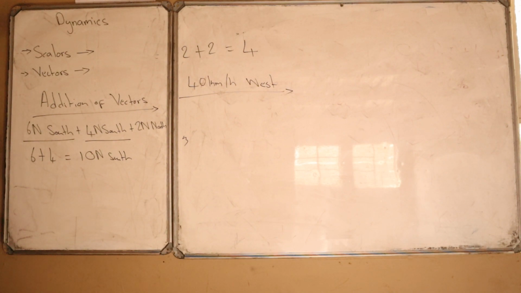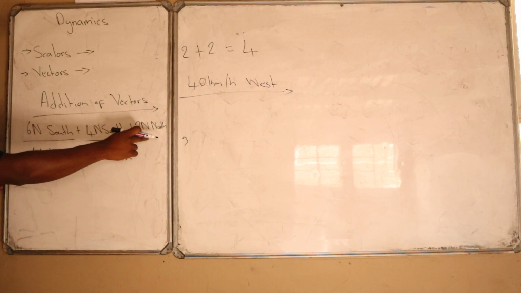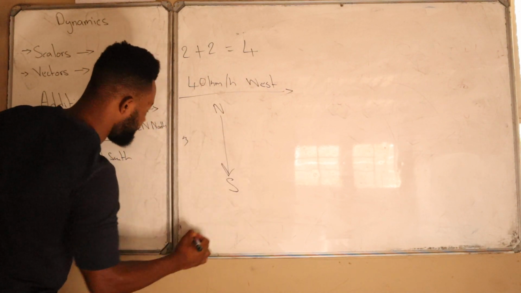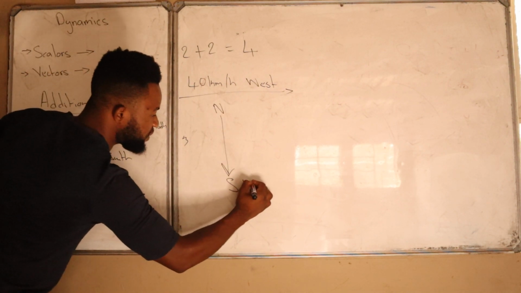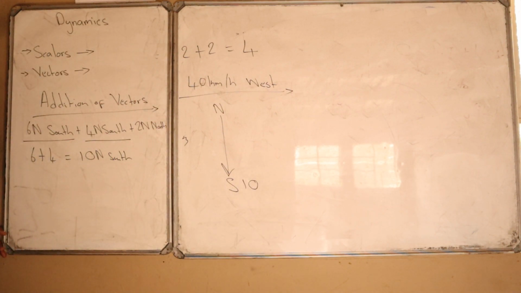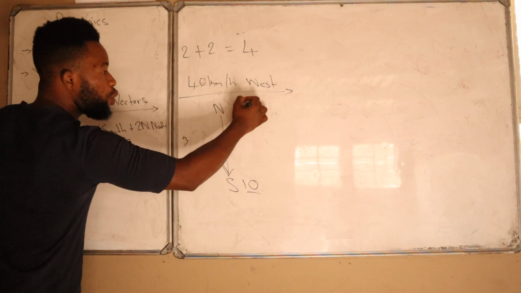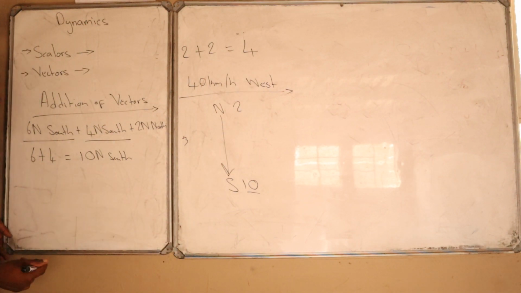And if you have directions which are opposing, for example, some going to the south and this one going to the north, so you have the north and then you have the south. You have 10 going to the south, and then you have 2 going to the north, which means your direction is opposing.